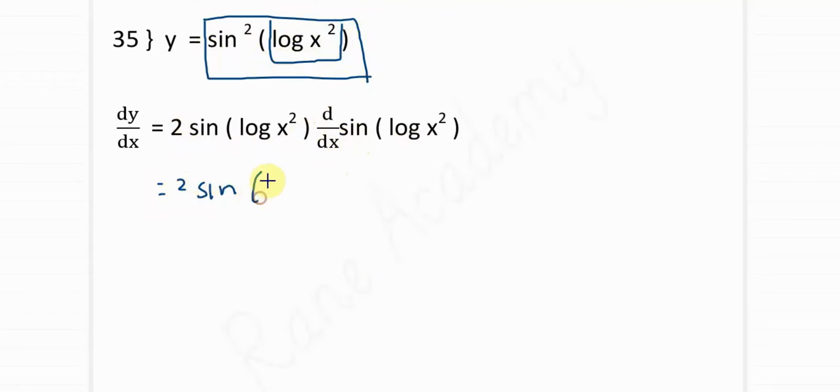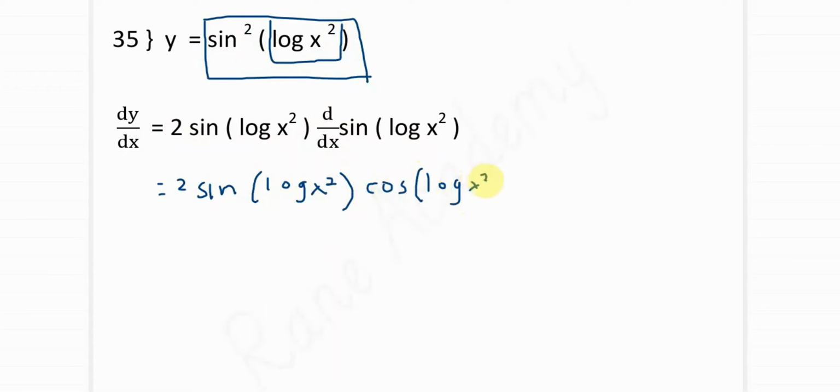So 2 sin of log x square will remain as it is, and we differentiate sin of log of x square, which is cos of log x square. And now we differentiate log x square.